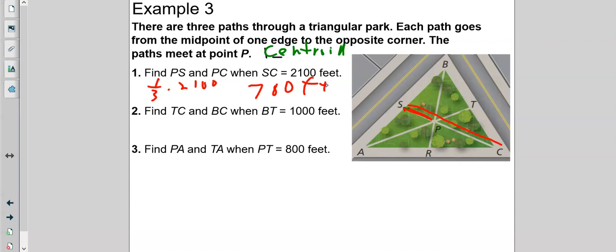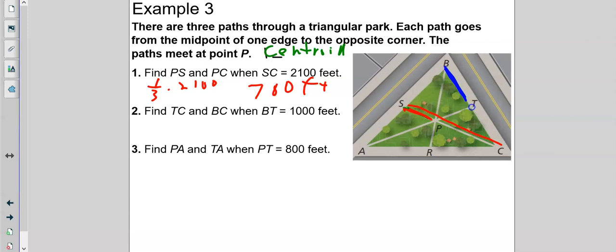It says find TC and BC if BT is 1,000 feet. Well, let's move this actually. So we know that BT is 1,000 feet.